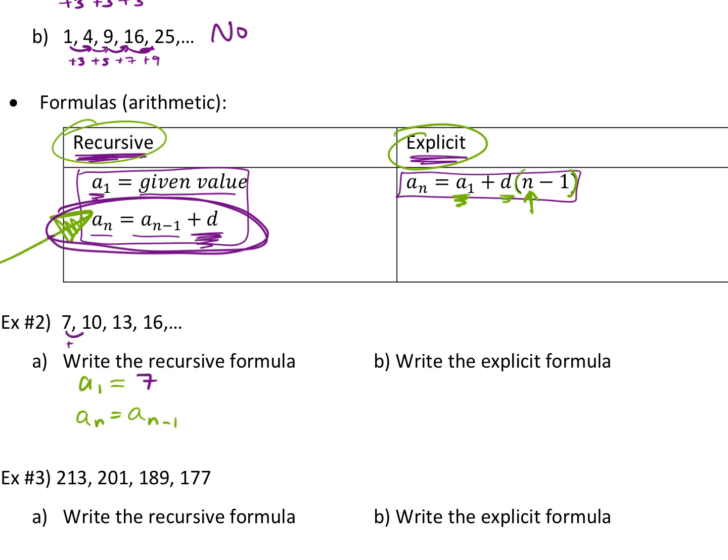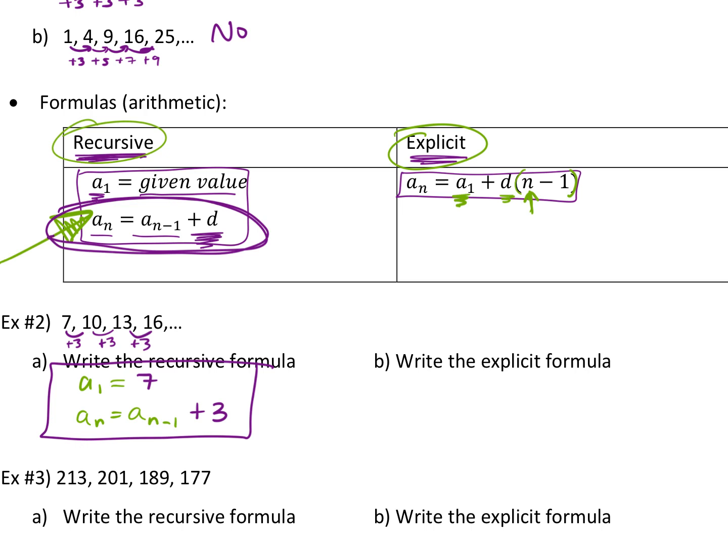This is plus 3 and plus 3 and plus 3. So you put plus 3. This is your recursive formula. Your first term, and then a sub n equals a sub n minus 1 plus the common difference, which in this case is 3.